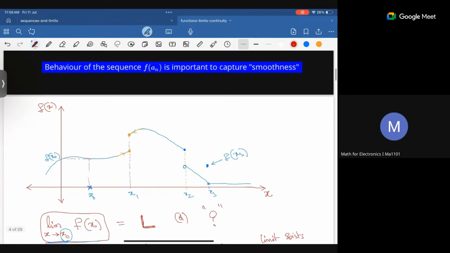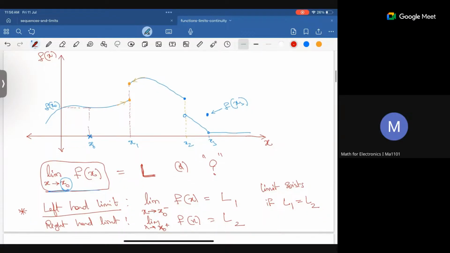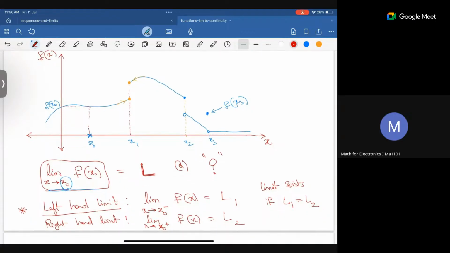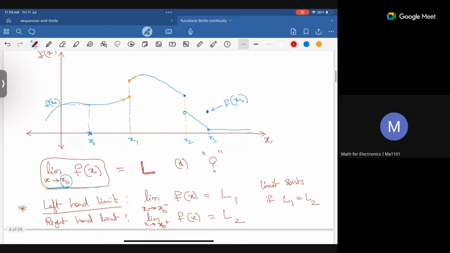Here you can see at x3, left of x3 and right of x3 are all continuous. At x3, what we did is we removed this point and put it at some other place. So that kind of discontinuity is called removable discontinuity, and these kind of discontinuities are called jump discontinuity.